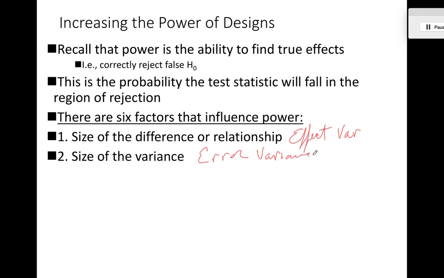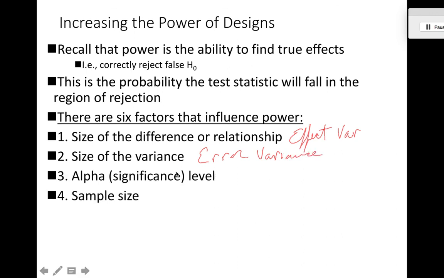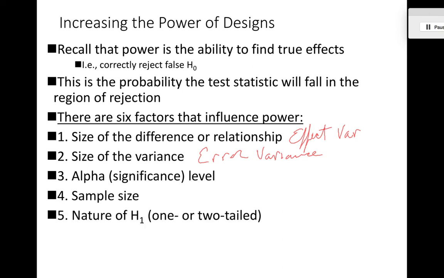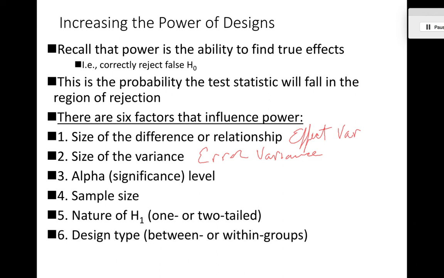Alpha level, sample size, the nature of the null. So in other words, is it a 1- or 2-tailed test? And last, the type of design. Is it a between or within groups design? So this is what I want to talk to you guys about for the last part of our class.